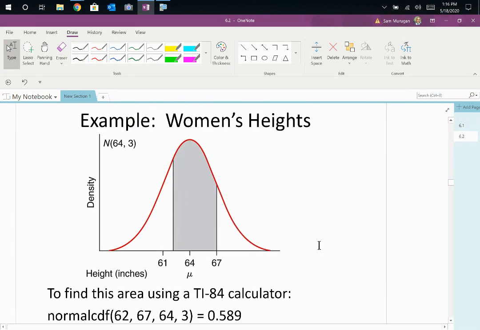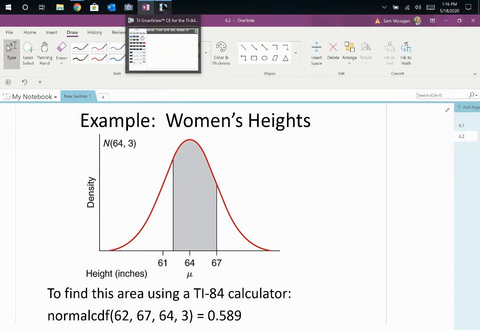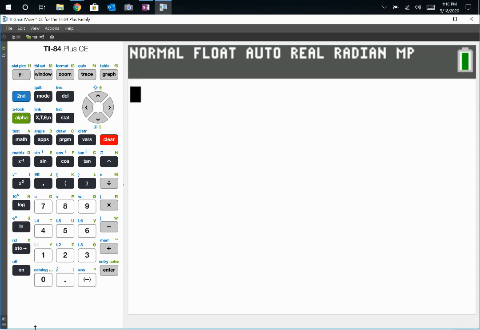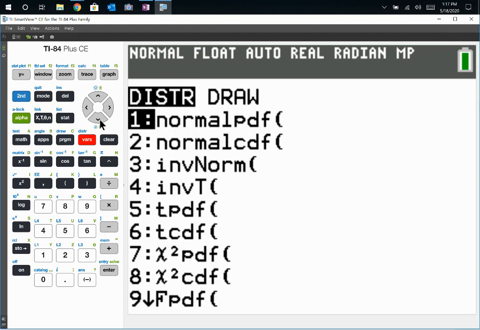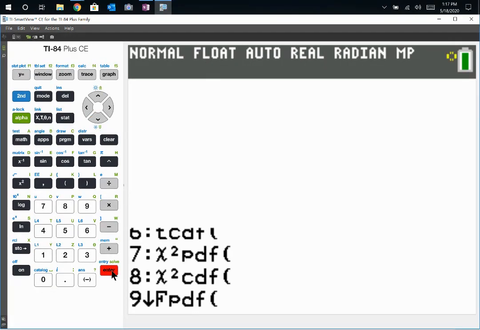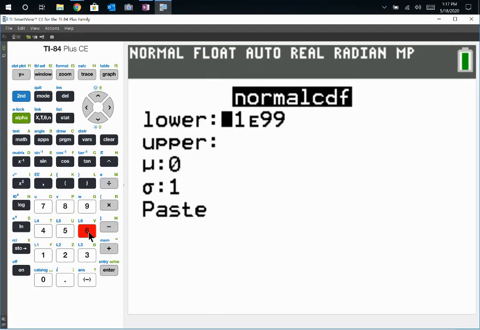So here we have the sequence that you would type into the calculator. To do that, you would press second vars and select number 2. Type in your lower 62, your upper is 67, your mean is 64, and the standard deviation is given as 3.